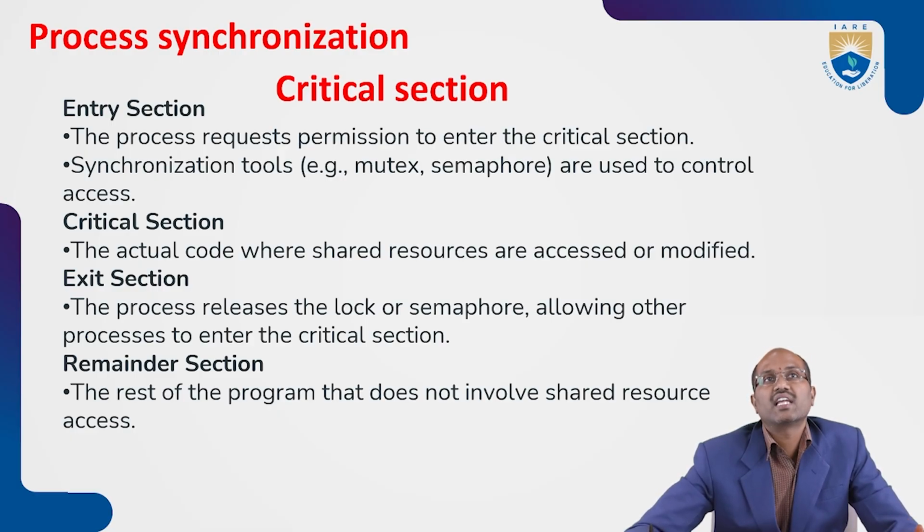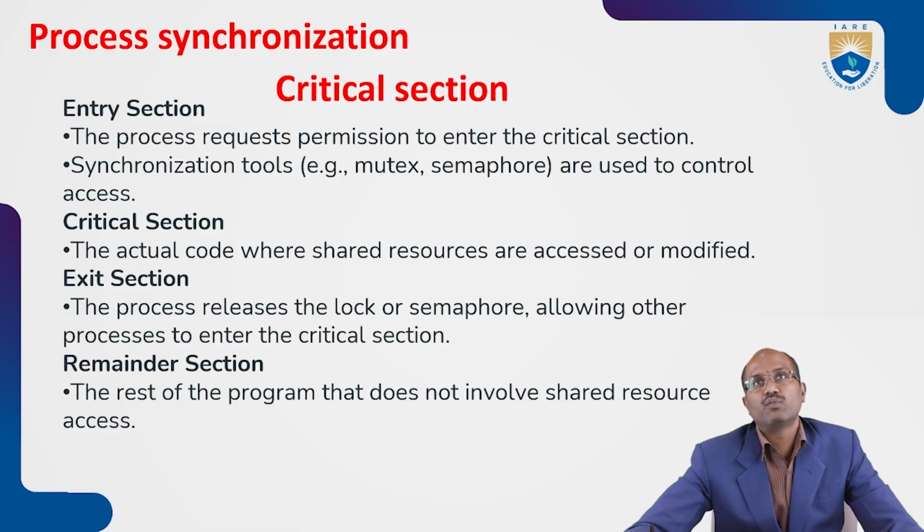The critical section structure has four parts: entry section, critical section, exit section, and remainder section. In the entry section, the process requests permission to enter the critical section. Synchronization tools like mutex and semaphore are used to control access in the entry section.